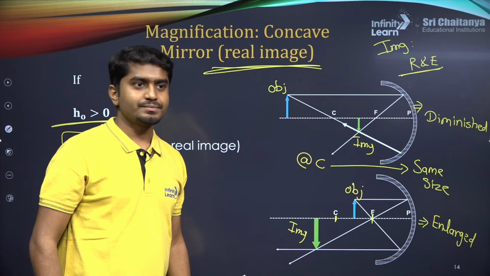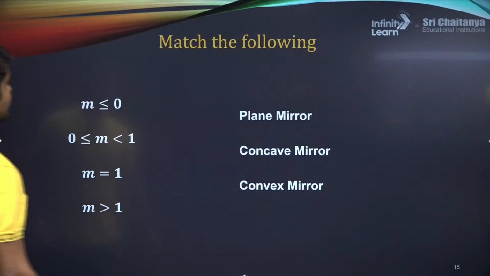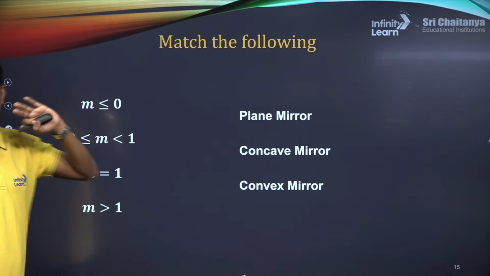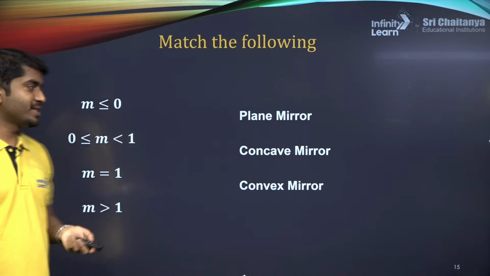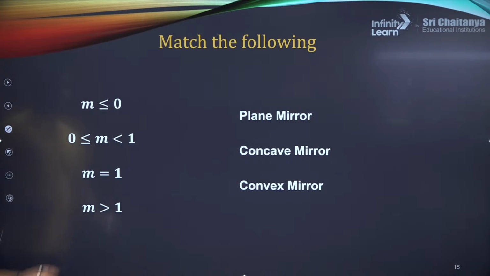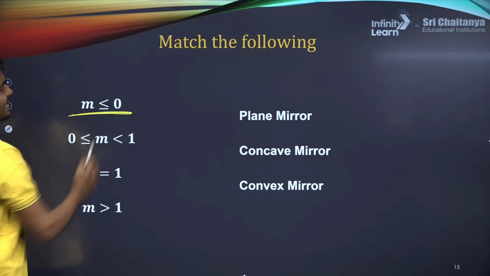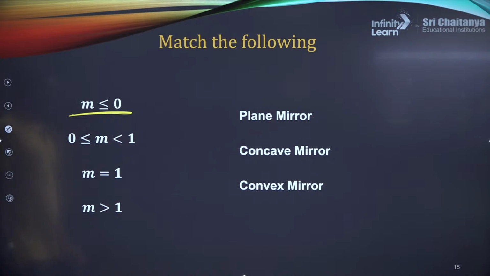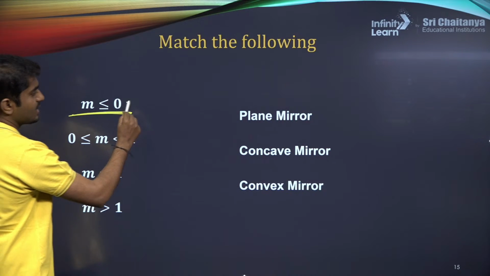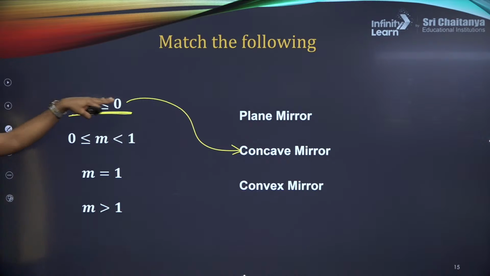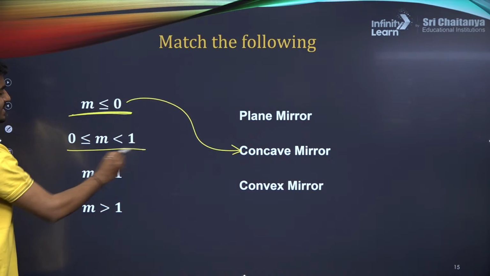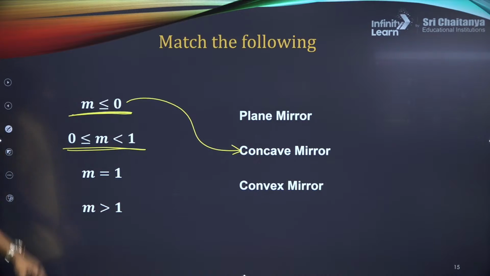Alright. So these are the match the following, the special cases I would say for the magnification. When the magnification is less than 0, what type of mirror is it? It is going to be a concave mirror. Magnification which is negative. Now the magnification is positive but less than 1.